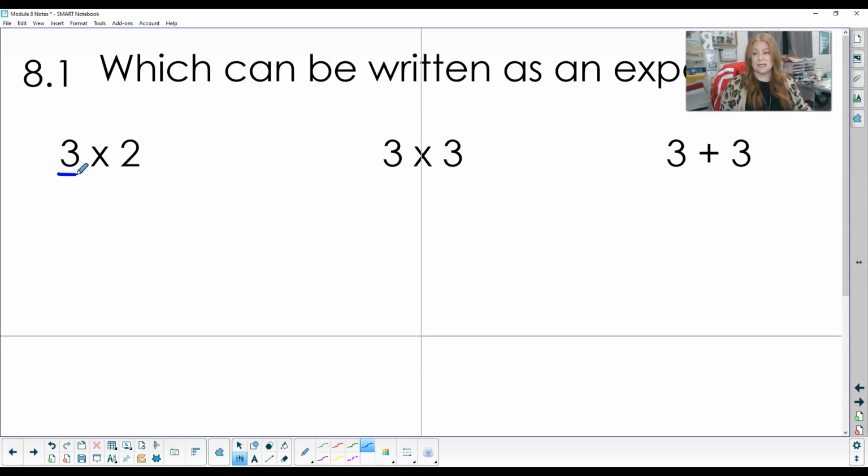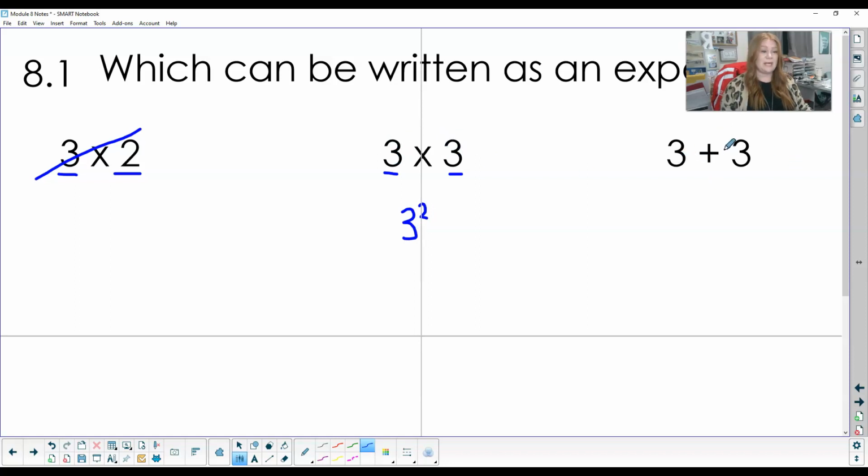This says 3 times 2, so they're not the same. That is not an exponent. It has to be the same number over and over again. 3 times 3, same number. 3 is the number that's repeated. It happens 2 times. 3 squared is 3 times 3.